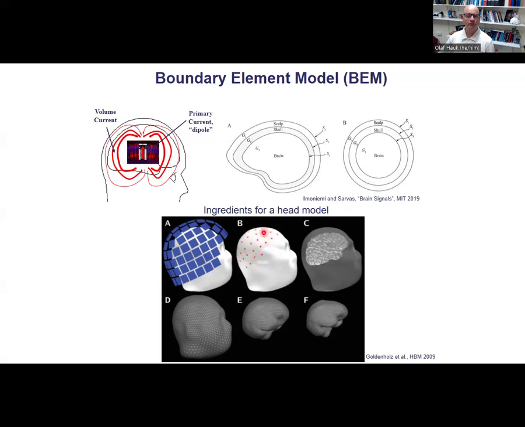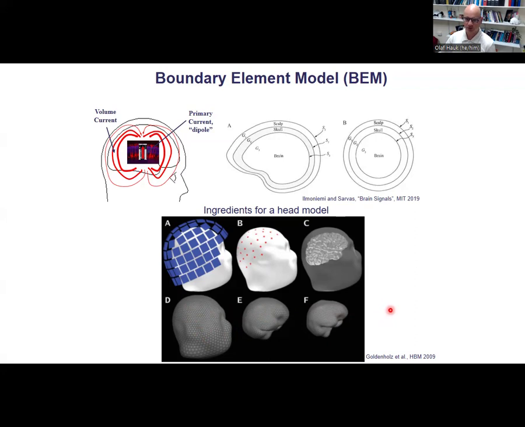We somehow have to make sure we know the right locations of the EEG electrodes on the scalp. We need a source space that's often the cortical surface or the three-dimensional volume of the brain. And then we need our compartments for the head model, for the boundary element model. That would be the scalp and the outer and inner surfaces of the skull, for example.